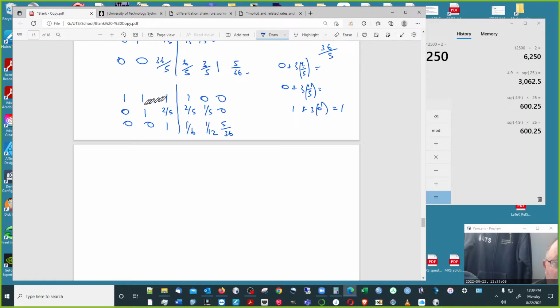Alright, so the next one we want to do is probably target this one here and make that a 0. So how do we do that? We're going to subtract row 1, take away row 2 by the look of it.